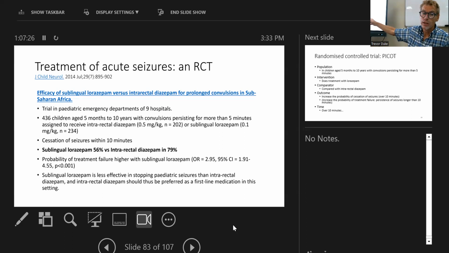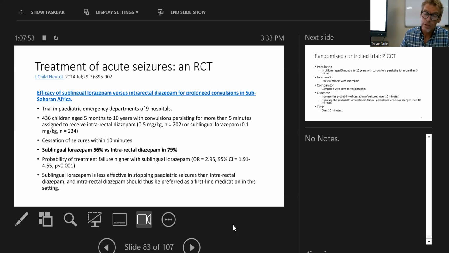So that means that intrarectal diazepam was almost 2 times as effective as sublingual lorazepam, right? And their p-value was significant, because you can see it doesn't come close to 1, right? 1.9 is nearly two times, right? Nearly twice as effective, right? 90% more effective, not 100% more effective, but 90% more effective, right?